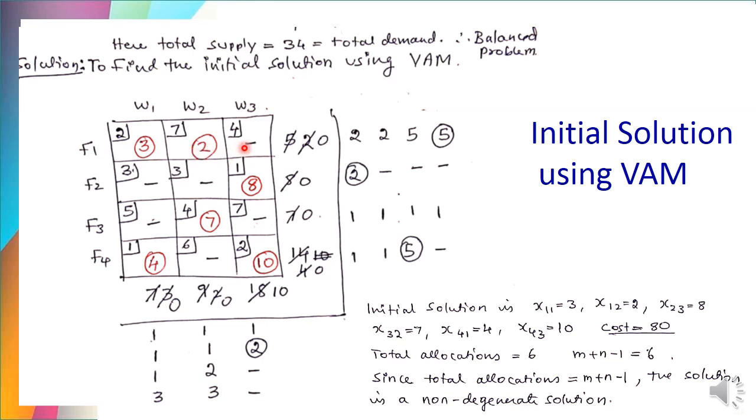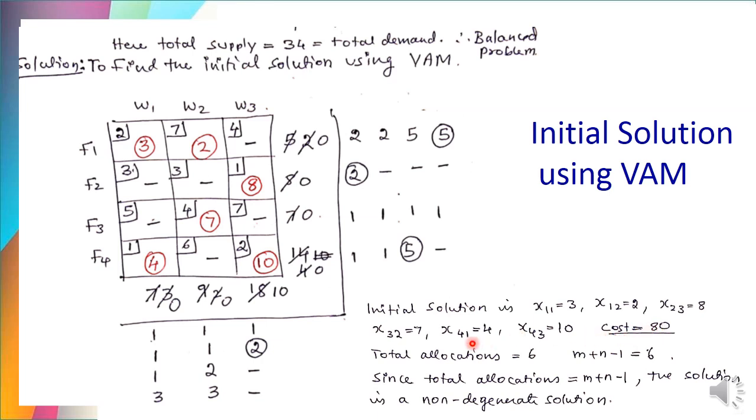Please refer to the previous lecture for the understanding of the Vogel's approximation method. So this is the solution we got by using the Vogel's approximation method. So the solution is nothing but x11 equal to 3, x12 is equal to 2, x23 is equal to 8, and similarly other 3 values. The total transportation cost here it is 80.